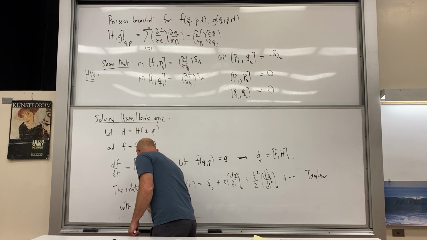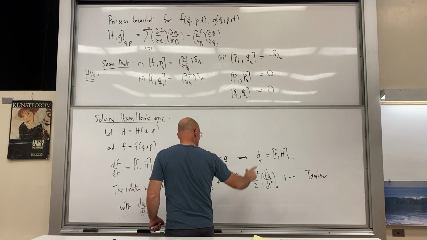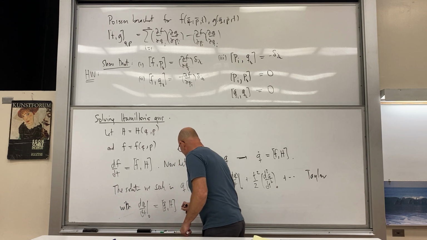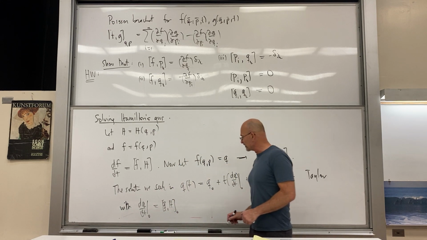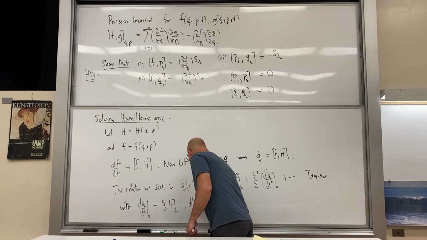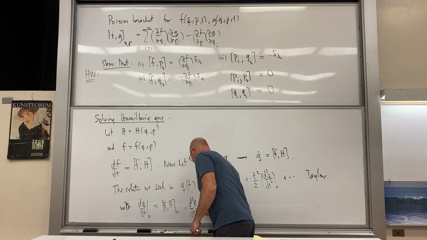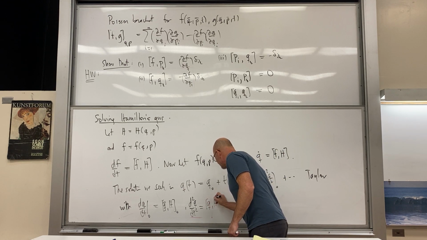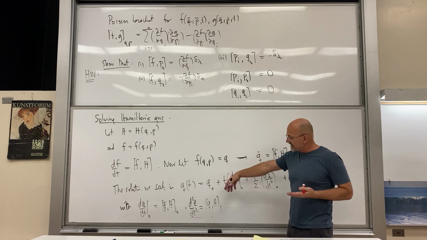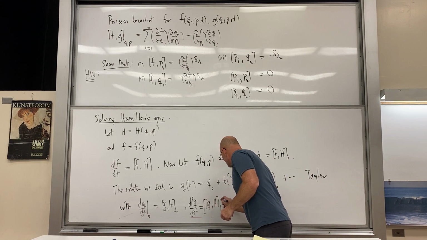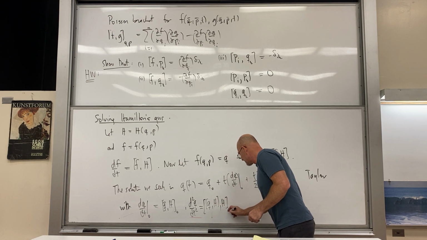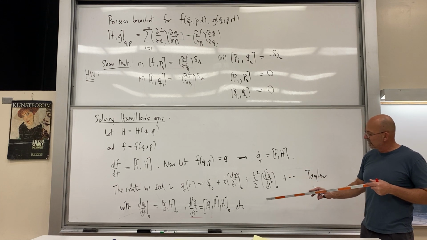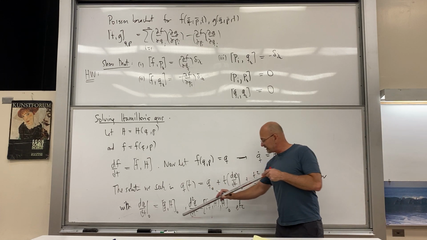dq/dt evaluated at t equals 0 is just the Poisson bracket of q with H, evaluated at t equals 0. The second derivative, d squared q/dt squared, is going to be this bracket of q with H, bracketed with H, since it's the next derivative, etc. So if we had a full infinite series, we would need an infinity of these things.